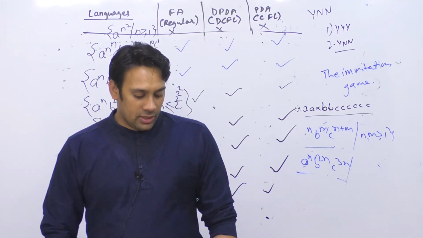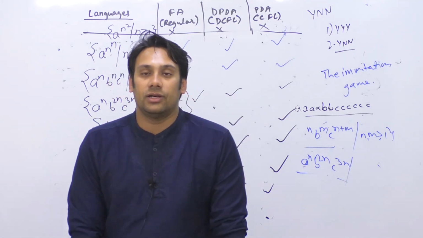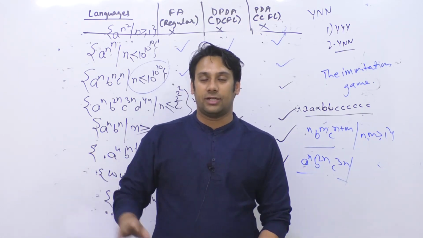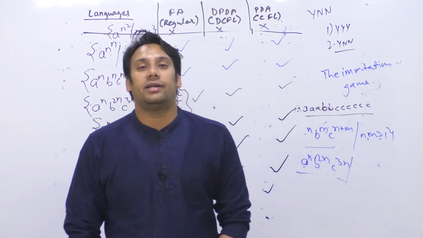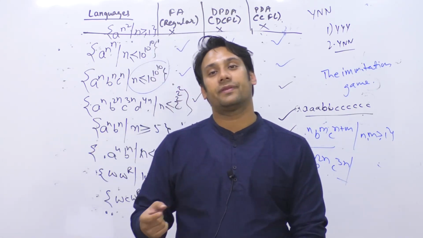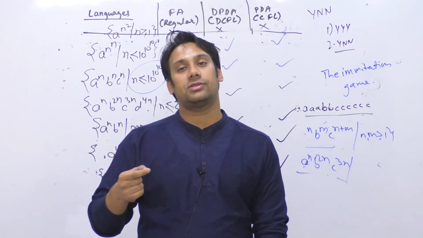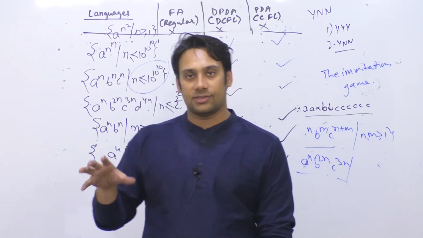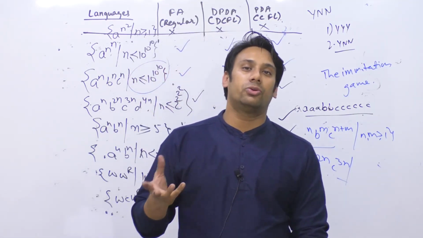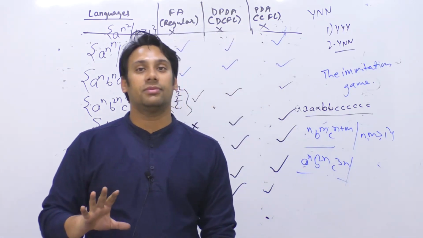Okay. So for the next class, I will update the time in the Telegram group. Right now, you can take some break and go through the previous year questions and try to solve some of them. You will be able to solve around 20 to 30% questions till this time.